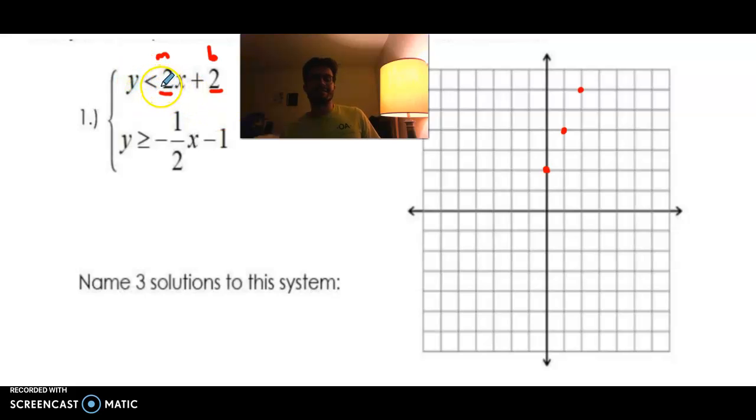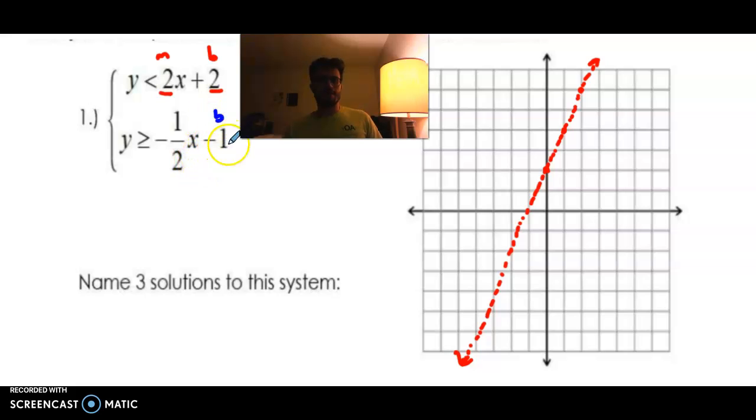Now because this is less than, not less than or equal to, I have to do a dotted line. And you know what? I'll continue it. So there's that one.